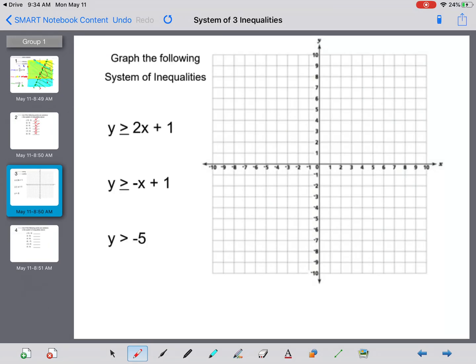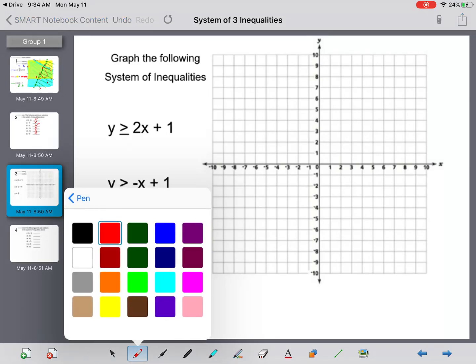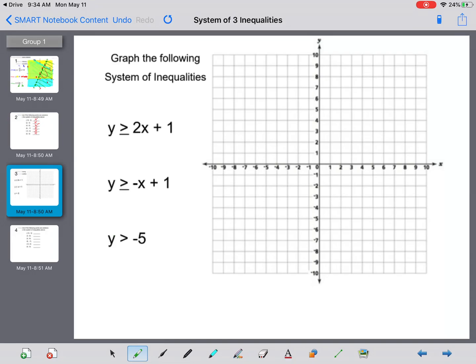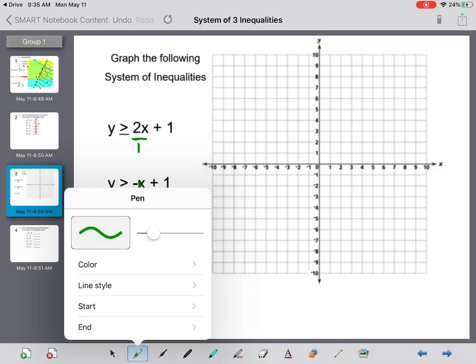No good. Okay. On the back of this page, you guys are doing the same thing that we just did, okay? Just remember, graph your 3 lines. Remember, these slopes are really 2 over 1, and this is really -1 over 1.